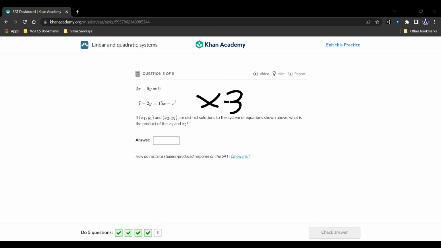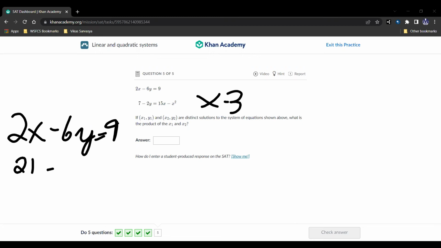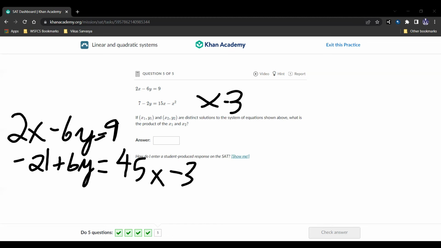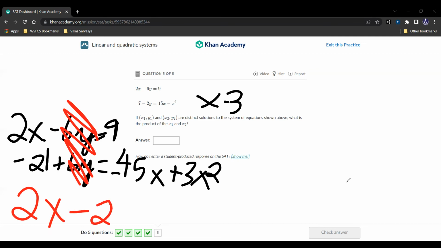And we're going to get 2x minus 6y equals 9, and negative 21 plus 6y equals negative 45x plus 3x squared. Remember to multiply by the negative. Then these two are going to cancel out, and we're left with just 2x minus 21 equals 3x squared minus 45x plus 9.